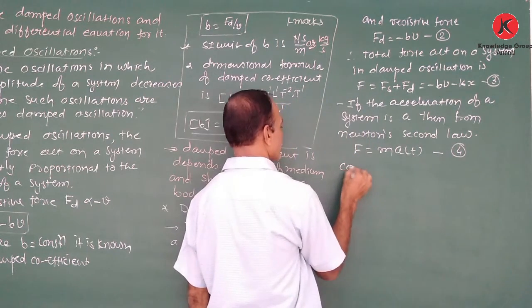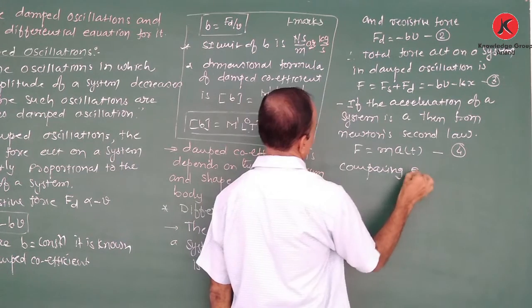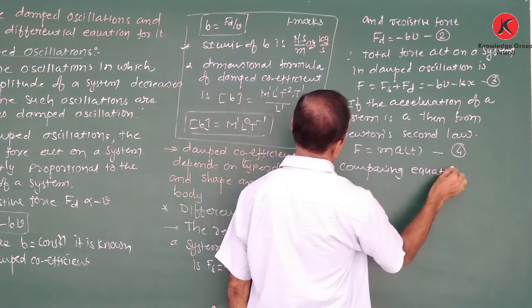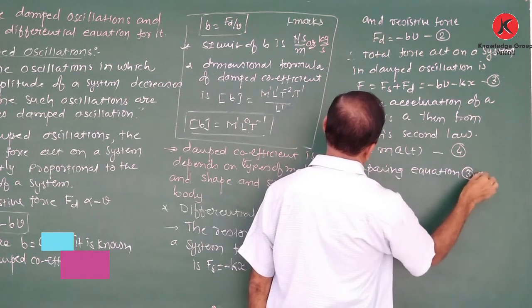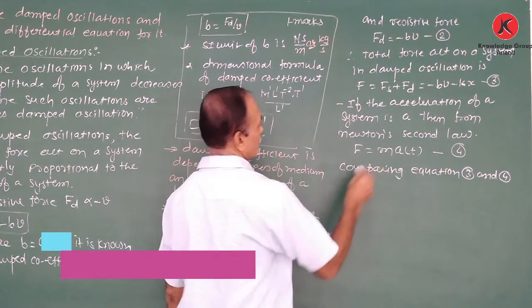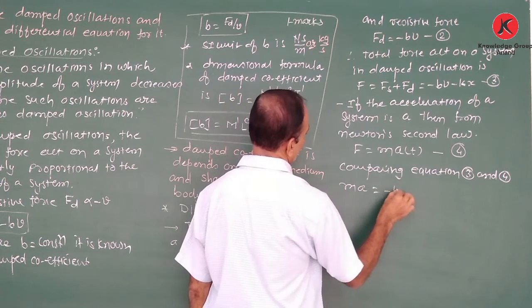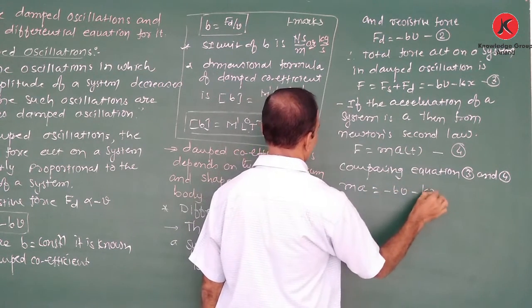Comparing equation 3 and 4, we obtain ma is equal to minus bv minus kx.